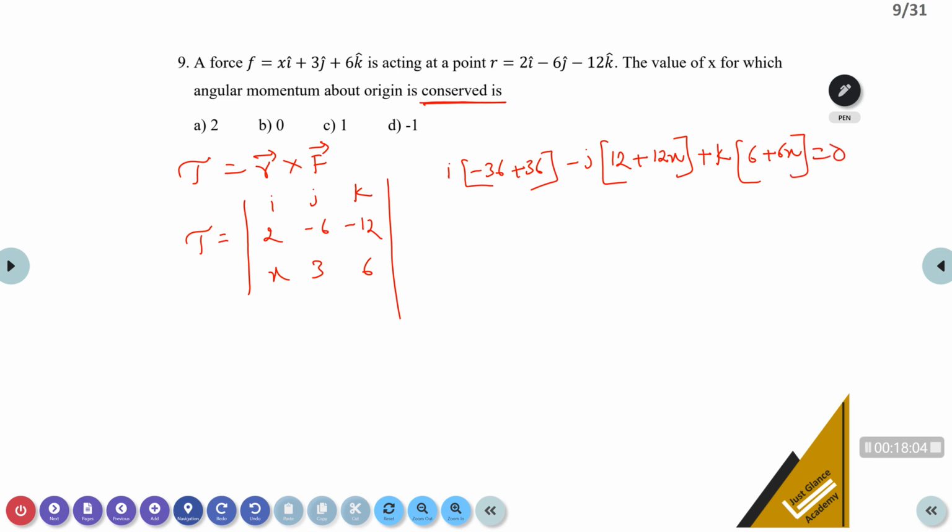Of course this component is 0, this is 0 too. It is possible: 0 equals 0 when x equals minus 1. Here also this term is 0 when x equals minus 1. So this is the right choice.